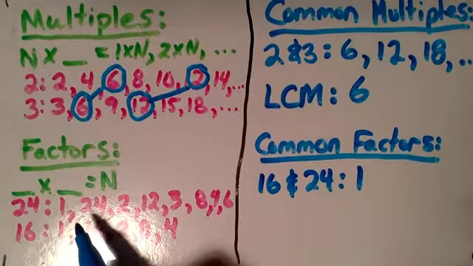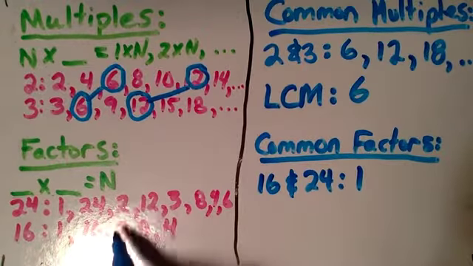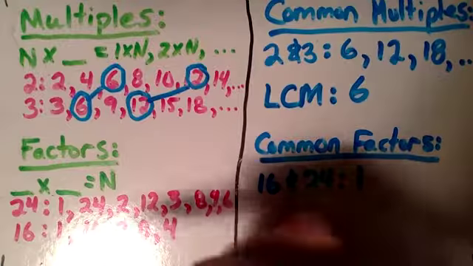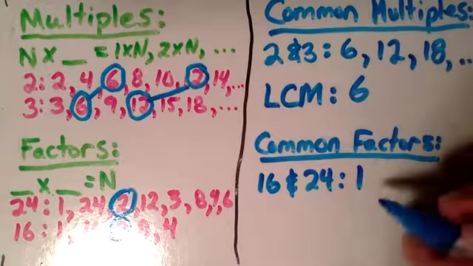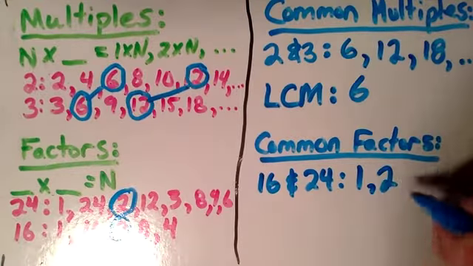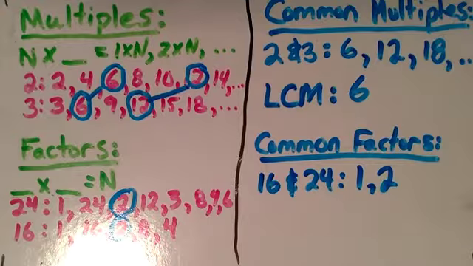On our list we do have 2 on both of our lists, so 2 is a common factor of both 16 and 24.